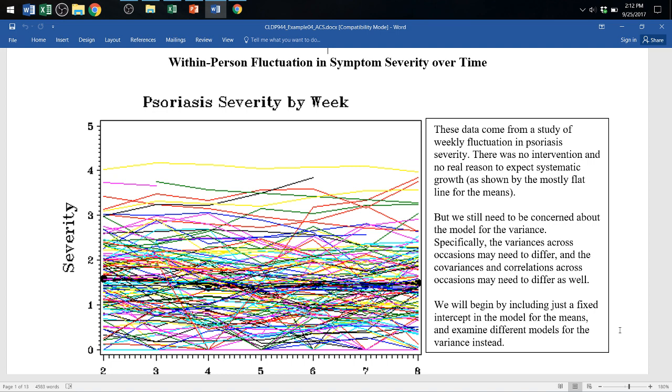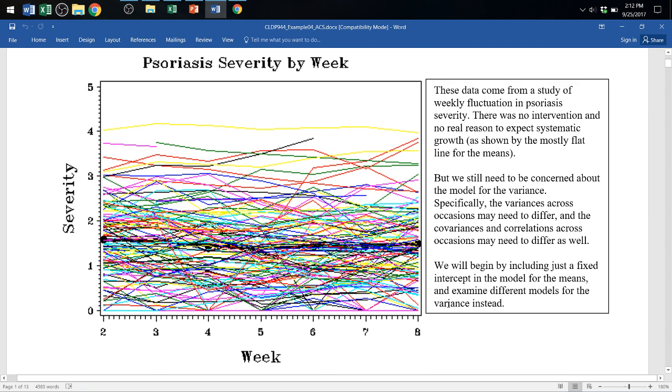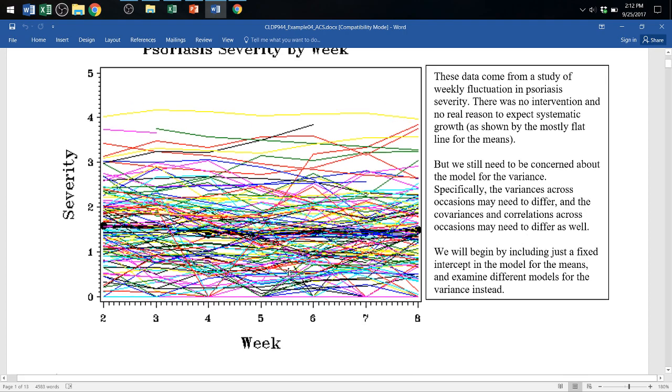I'm not including the first week for reasons that will be more relevant later on, but 7 weeks of data, where each week she sent questionnaires by mail as to how bad their psoriasis was that week and what kind of stressful events they had happen to them. So this example is real data. That's why I don't have the data and the output available for you, but you can see what happens.